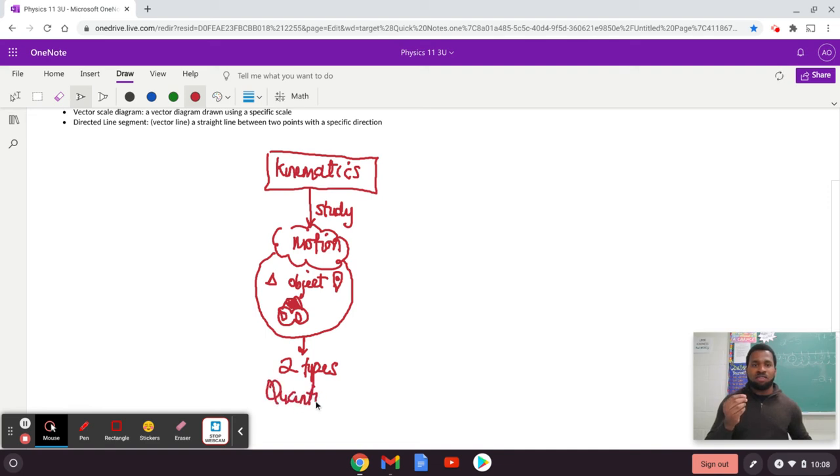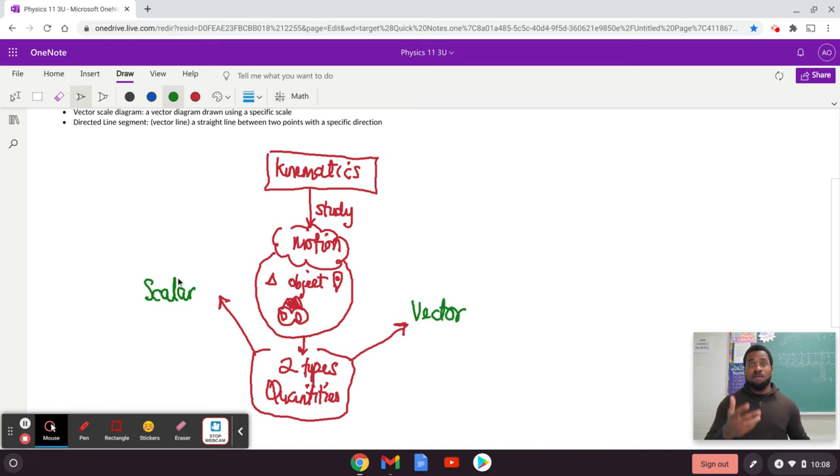We need to differentiate between what it means to be a scalar quantity versus a vector quantity. For a scalar quantity, you need to have a specific size, which means you must have a magnitude, but there is no direction.